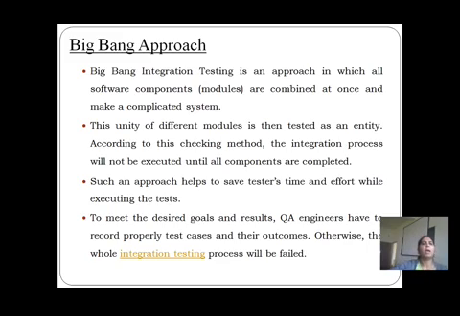Big Bang integration testing is an approach in which all the software components or modules are combined at once to make a complicated system. Why? Because system integration testing itself explains that the modules are going to interact with each other and be mixed with each other.